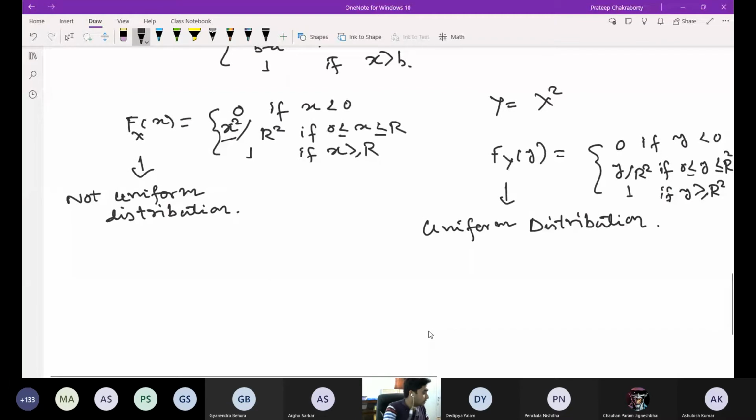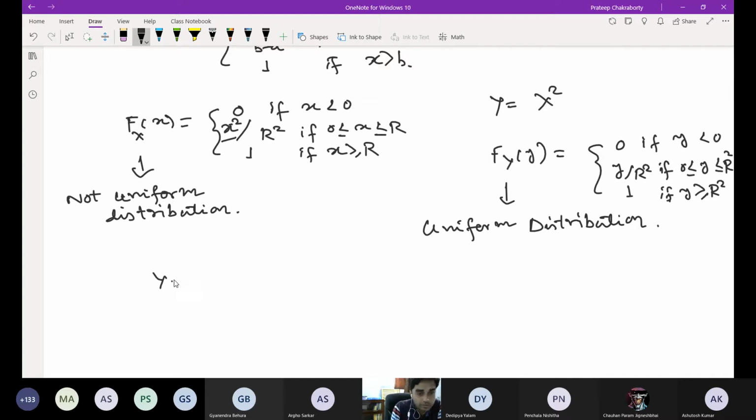So in the previous example, we are now going to state one result.